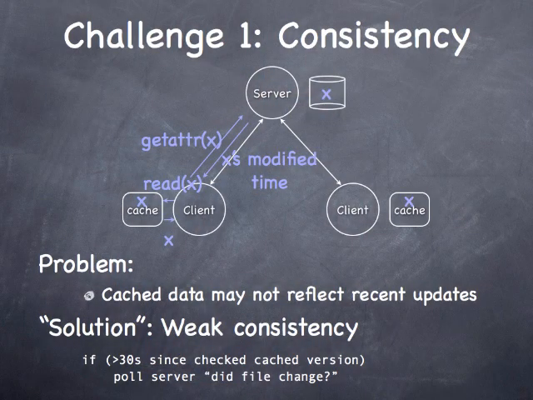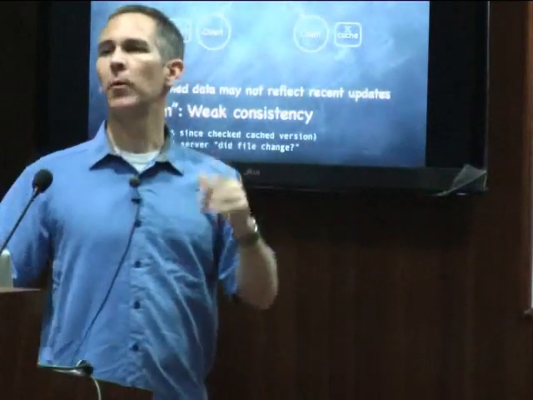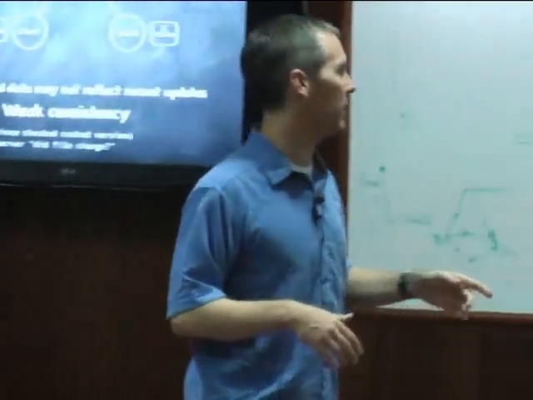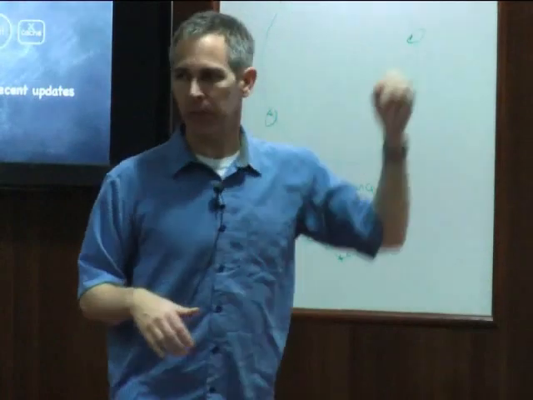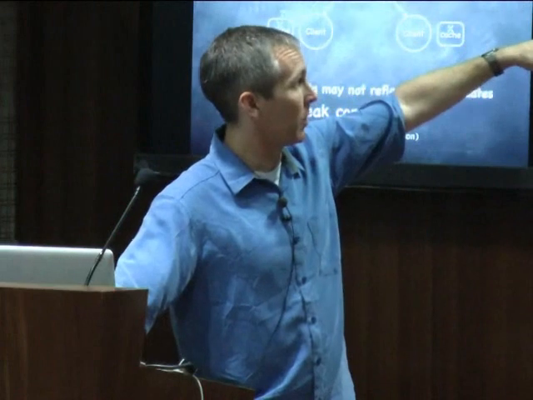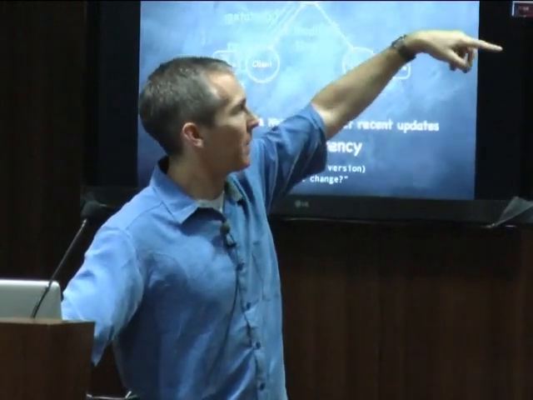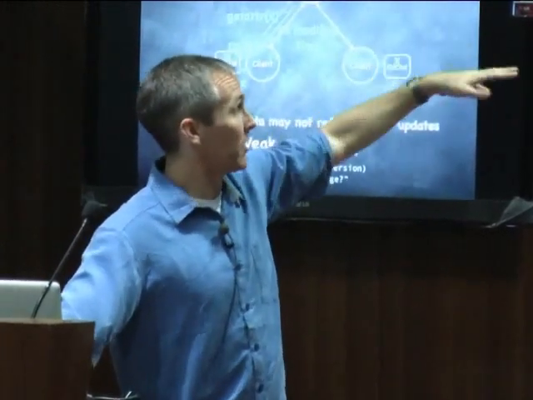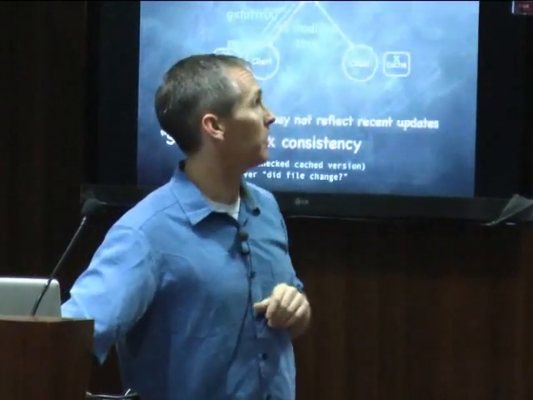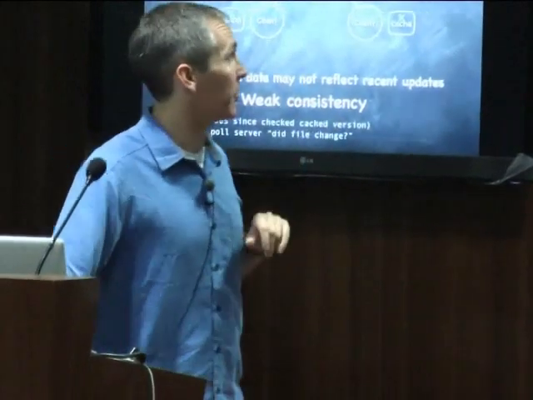And the way this worked was a client could read from its cache for a certain period of time, but if it's been more than, this was a configurable amount, but if it's been more than 30 seconds typically since the client has checked with the server, then when it tries to read from its local cache, it's going to go to the server. It does what's called a get attribute request. It basically asks, when was the last time this file was modified? If the file has not been modified since the cache version, then we can just go ahead and use the cache version, and continue to use the cache version.